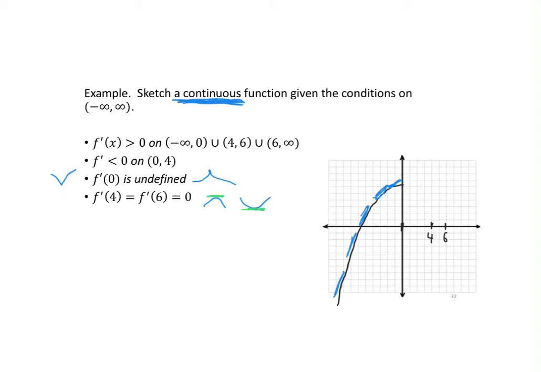The way I have it, it looks like I'm going to be drawing something like this. Let's see what that'll look like. That's what's going to happen between 0 and 4. And remember that the derivative is negative between 0 and 4, and that's consistent with what I've drawn.